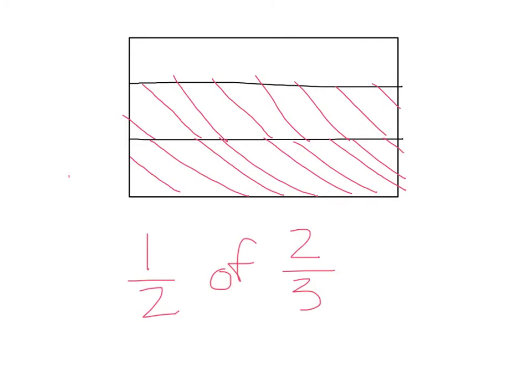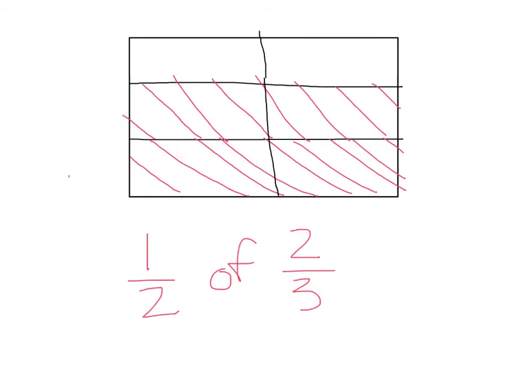Okay, now I'm taking half of that. So I just want to look at half of that 2/3. I'm going to draw a line, and again I'm going to take this whole thing and split it in half. I do that because I want to make sure that I keep my model of the number of pieces straight. Because if I just split it in half like this, that would be accurate, but then I'd have to figure out what size piece I have here. So I'm going to draw that line all the way up.